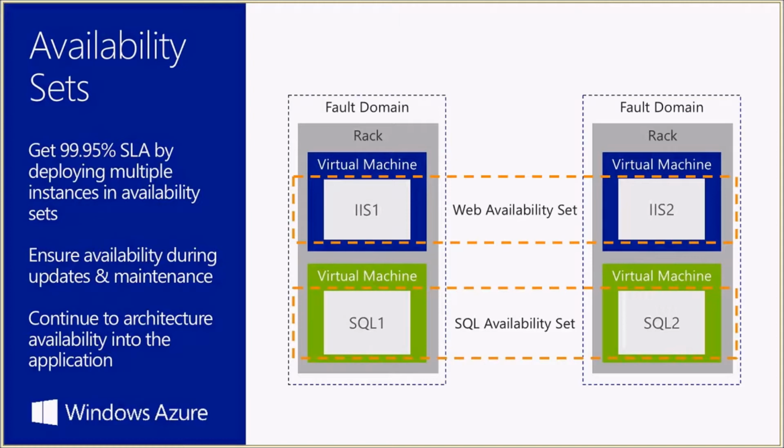Within our model here, we're showing 2 virtual machines running IIS and another 2 virtual machines running SQL Server, with an Always On availability group replicating those databases. And we put those into fault domains. So what does that mean?